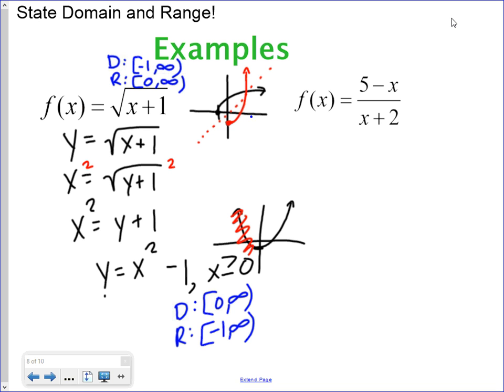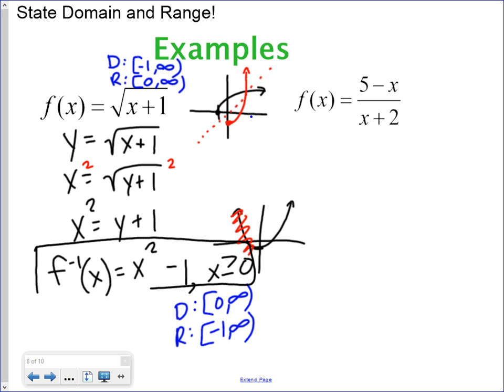Oh, and I forgot to rewrite it with an f inverse, didn't I? So I'll just erase my y and make it f inverse. So my inverse function is actually all of this. On a test, if you didn't restrict the domain there, you would lose a point, because that's important to note.